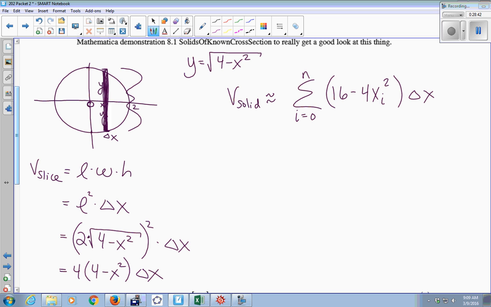But if i is starting at 0, then I actually need to double that, right? Because I started in the middle here, and I have to double it to get the left half of the circle. So we'll put a 2 there.